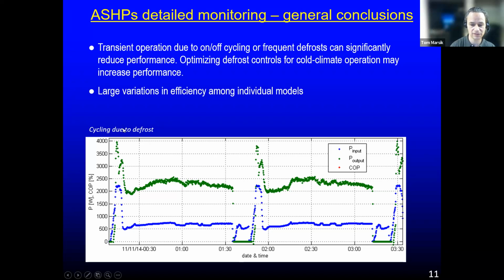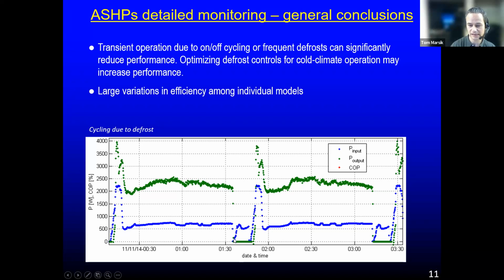So the cycling due to defrost, and this green line is the thermal output of the heat pump. As you can see, it's running. As it's icing up, the performance goes down. So the thermal output goes down, and when it's iced up too much, it goes into defrost. So the green line goes down to 0. There is no thermal output during the defrost.